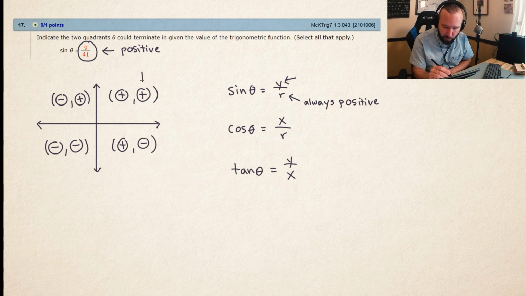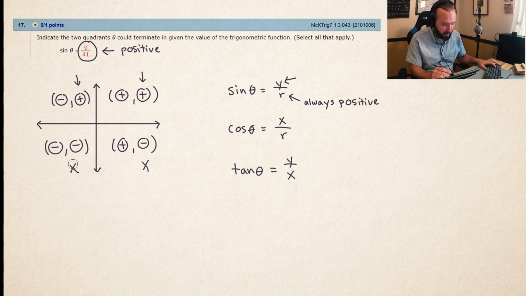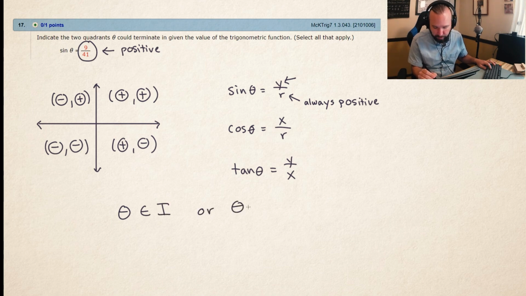In quadrant 1, y is positive, and in quadrant 2, y is positive. Quadrants 3 and 4 are ruled out because in both of those quadrants, the y coordinate is negative. So based on the information given here, I can conclude that theta could be in quadrant 1 or quadrant 2.